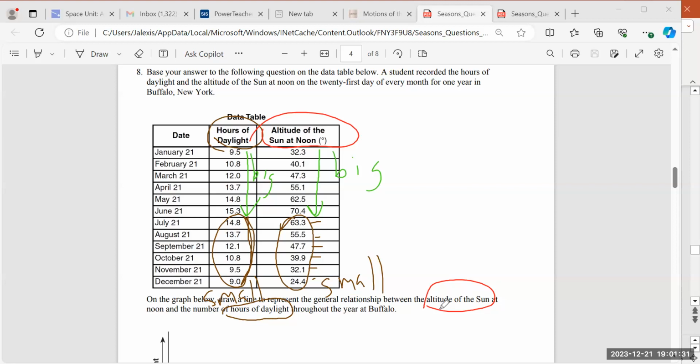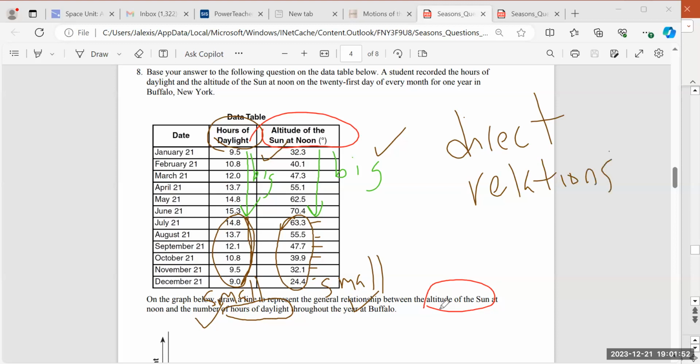What's the pattern? Well, when one side is getting big, the other side is getting big. When one side is small, the other side is getting small. What is the name of this relationship, everybody? It is a direct relationship. When one category is increasing, the other category is increasing as well.